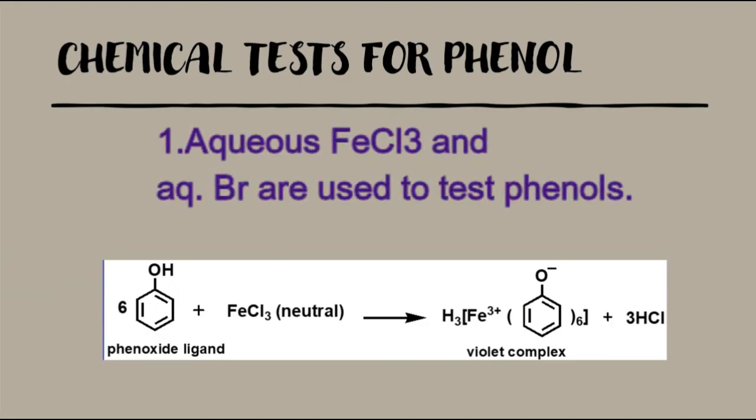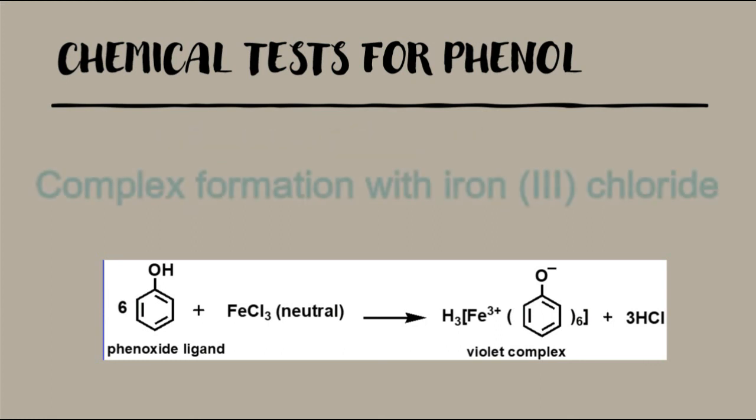After I explain about the reactions of phenol, now I will explain a bit about chemical tests of phenol. In doing the test for phenol, we will use iron trichloride and bromine water. First, I will explain complex formation with iron trichloride.